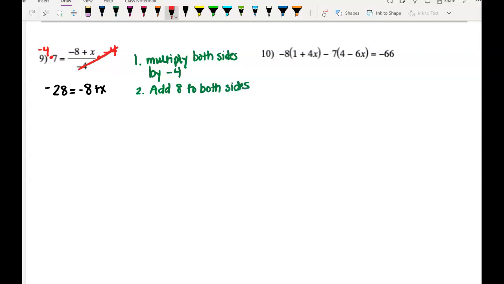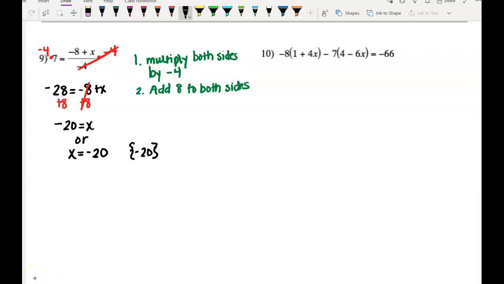So I'm going to add 8 because I'm going to do the opposite of what I see to get negative 20 equals x, or we would just say x equals negative 20. And again, on the answer key, you would see the set of brackets with the 20 inside the brackets.